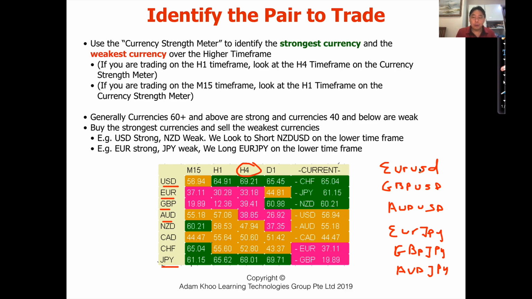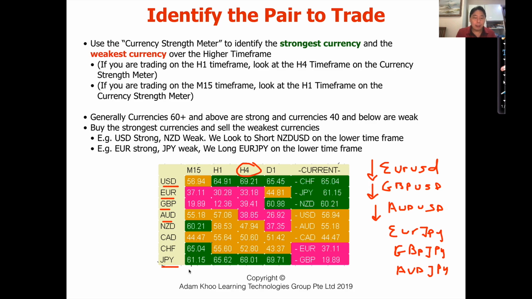For Euro USD, Pound dollar, and Aussie dollar, the dollar is strong. I'm looking to buy the dollar and to sell the Euro, Pound, and Aussie, which means I want to go short the Euro USD, short the Pound dollar, and short the Aussie dollar.